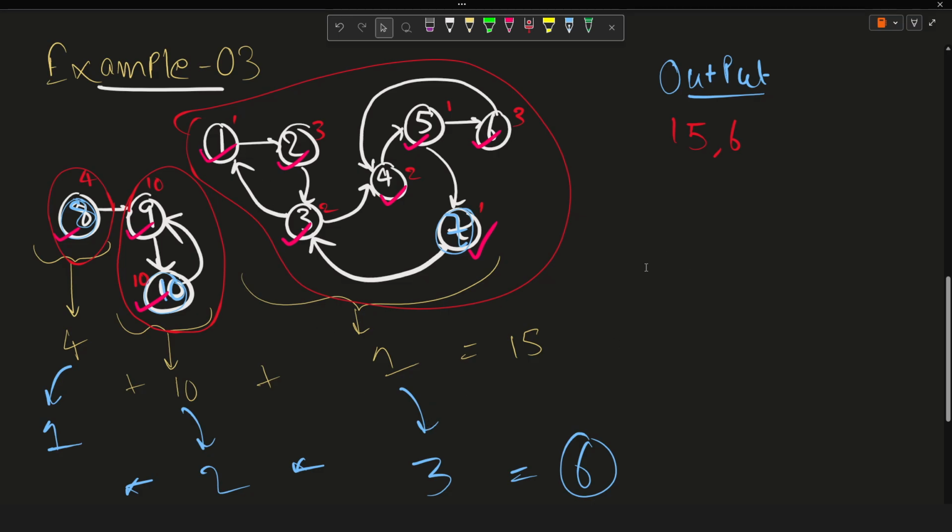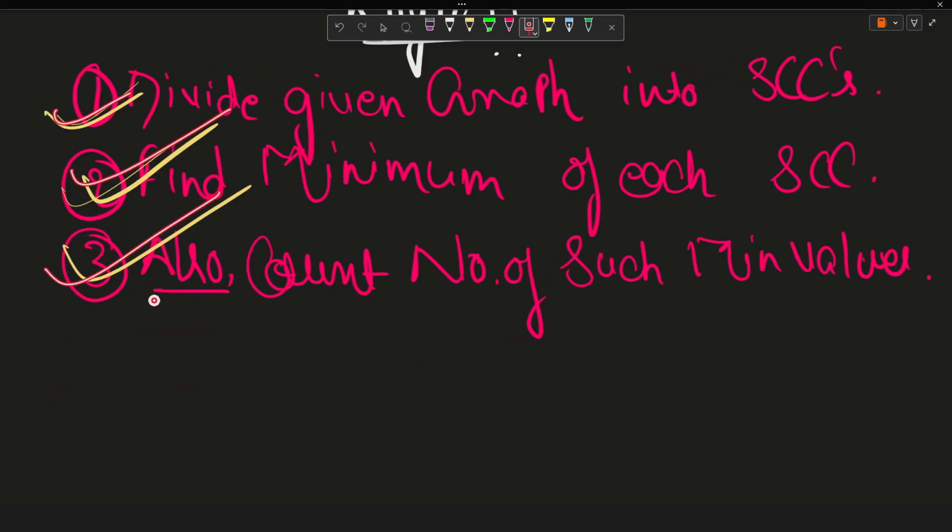So in order to calculate the total number of ways of getting this 15 as the minimum answer, we will simply multiply the counts of these minimum values for each component, right? And ultimately we have to take a modulo with 10^9 + 7, since this number of ways can get pretty large, right? So these 3 were the main steps that we'll be doing in order to find our total number of ways and also the total minimum cost, right?